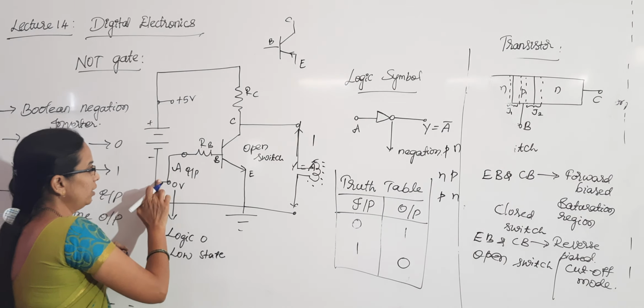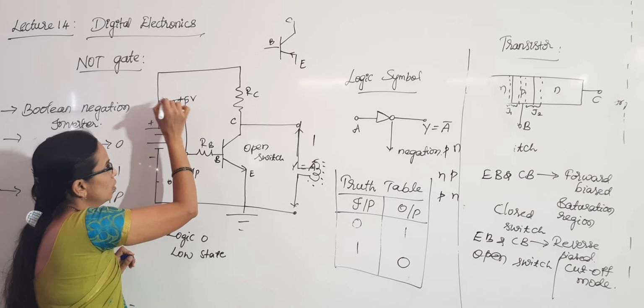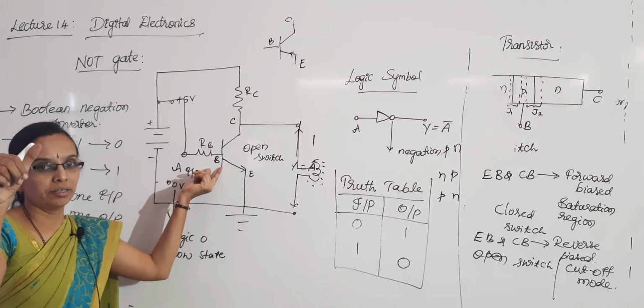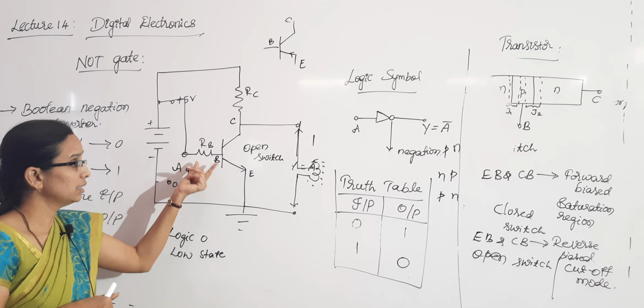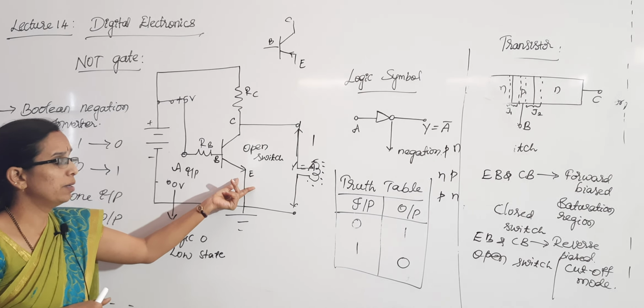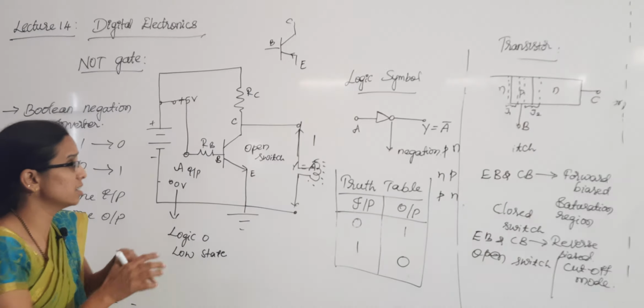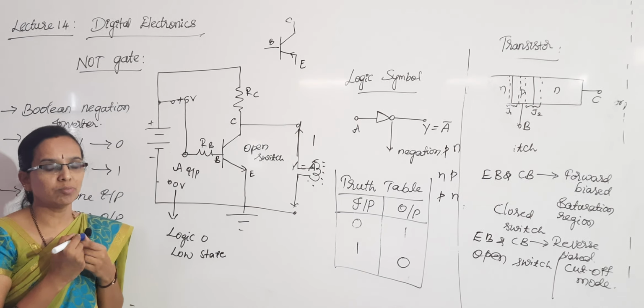Okay. When the base is connected to plus 5 volt, the tap is on. This junction is forward biased. So, the emitter starts supplying charge carriers and the transistor will be in saturation mode.